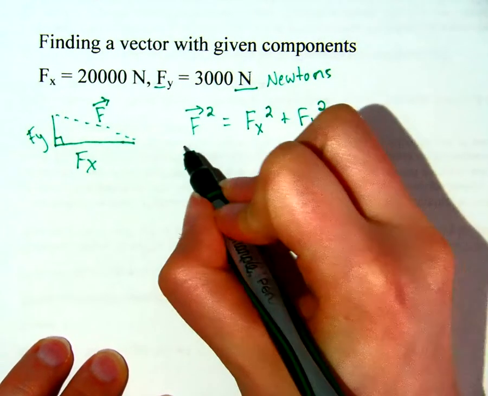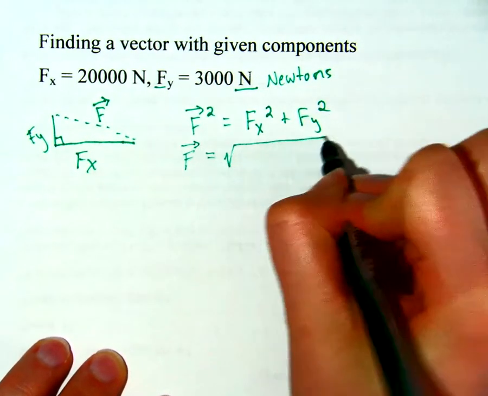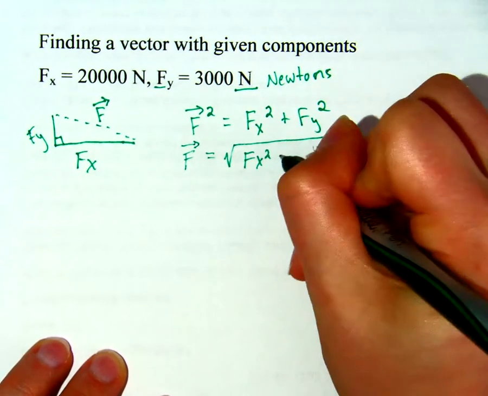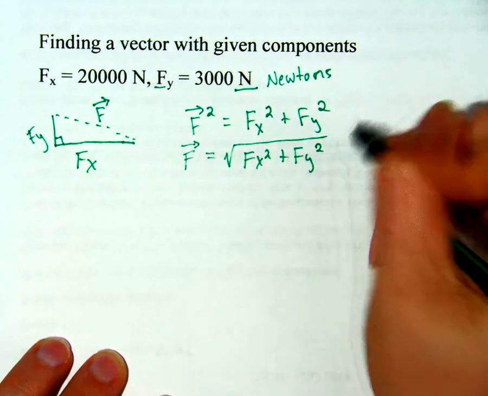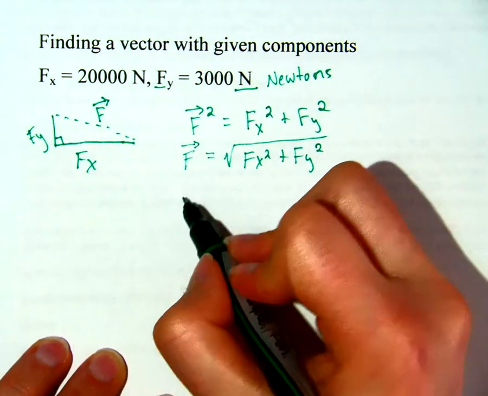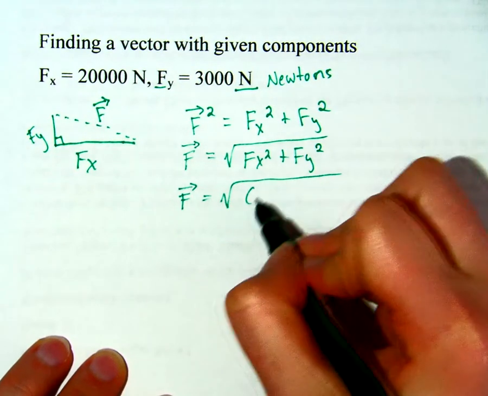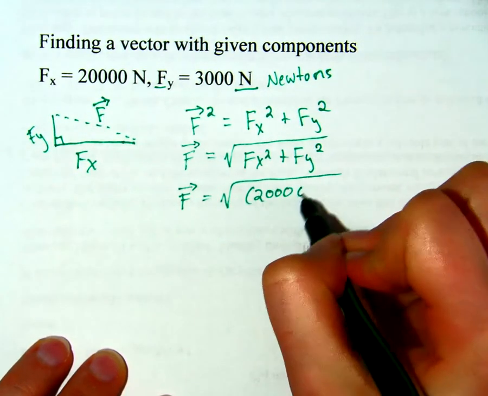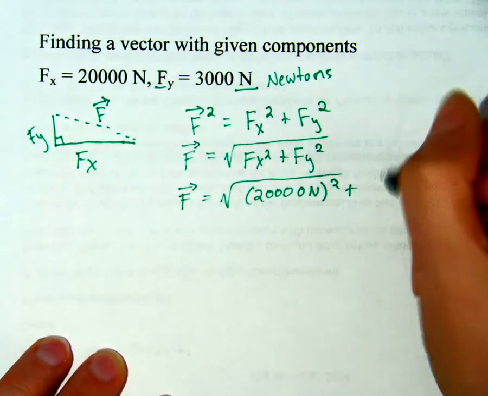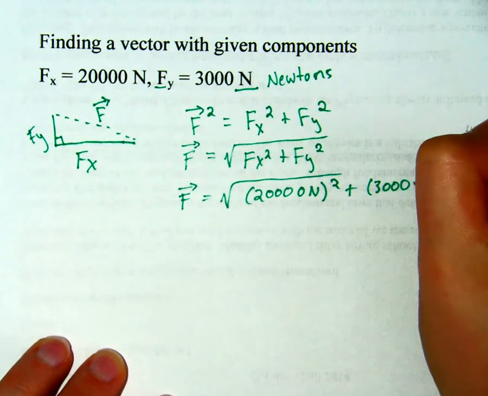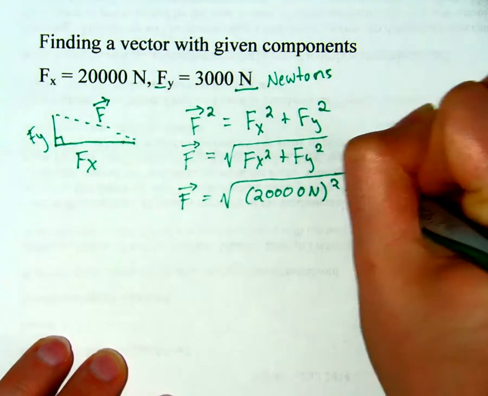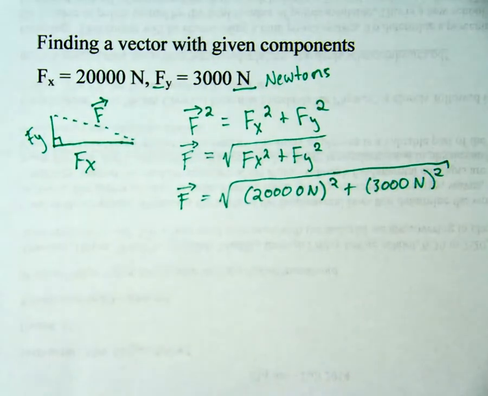Solving to get F vector by itself, we get this, and then plugging our numbers in, we get 20,000 newtons squared plus 3,000 newtons squared, and square root the whole value.